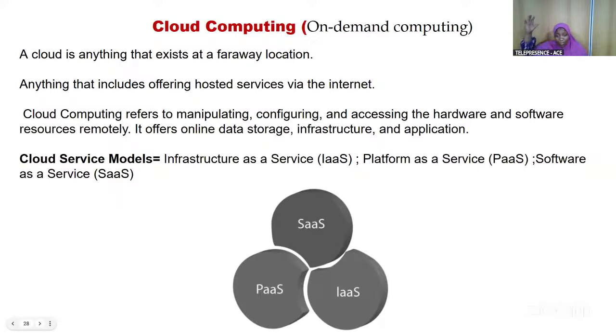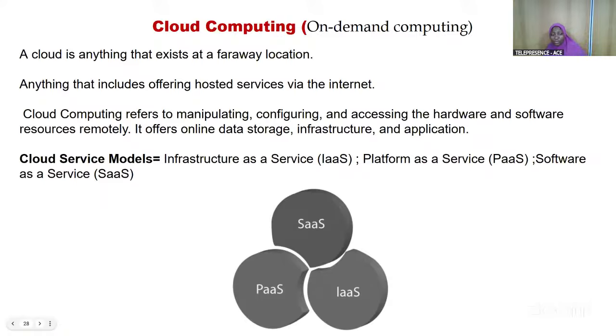The cloud is far away in the sky, you know? So in cloud computing, what we're saying is you can actually manipulate or access hardware and software resources remotely without leaving where you are. So it could be that you are working on an infrastructure remotely, or you are even storing data remotely, or you are even making use of application remotely.